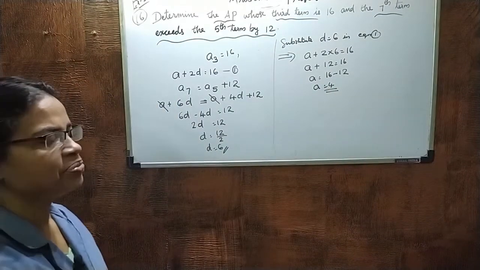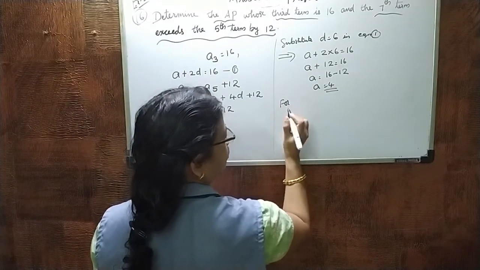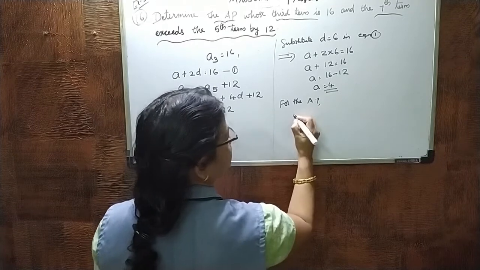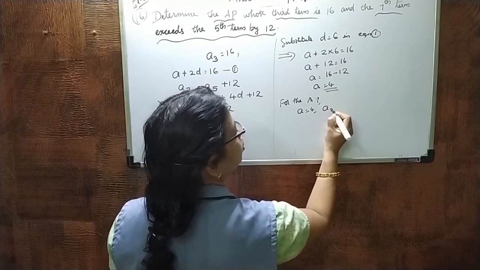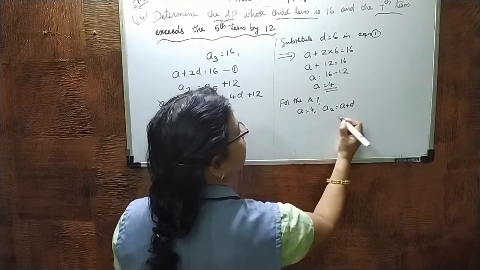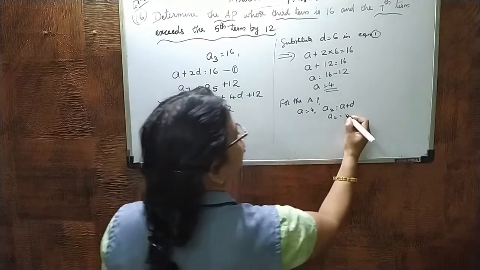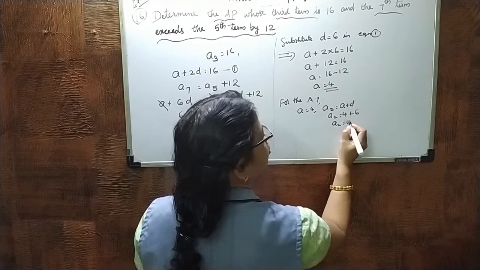Right? What is the next step then? We have to find out the AP. For the AP, what all things we know? A is equal to 4, the first term. Then A2 is A plus D, that means 4 plus 6, so A2 is equal to 10.